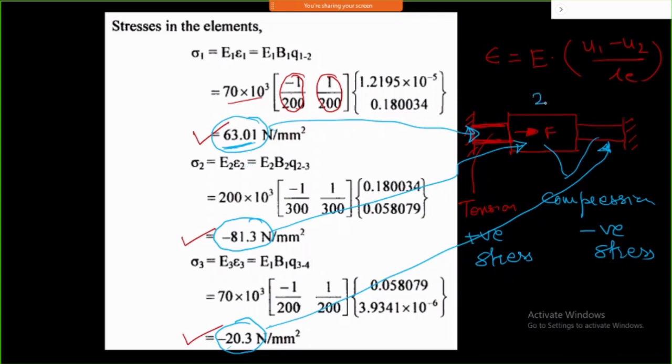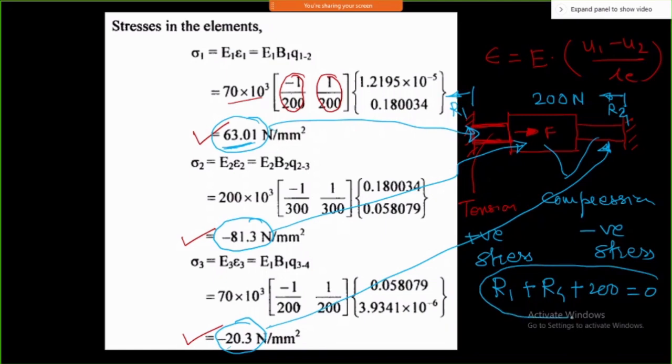If I apply a force of 200 Newton here, the reactions at this node and this node, I will call R4 and R1. R1 plus R4 plus 200 should result in 0.